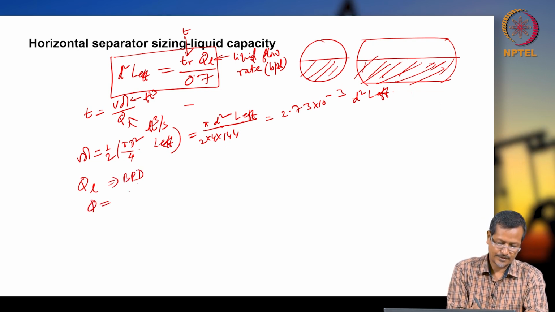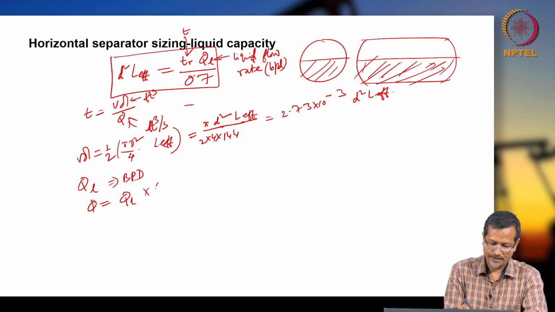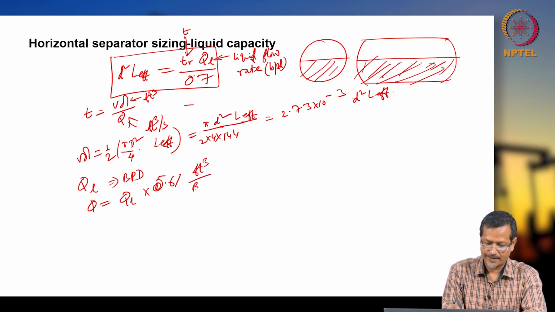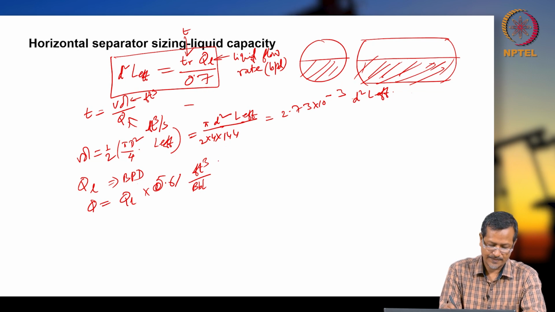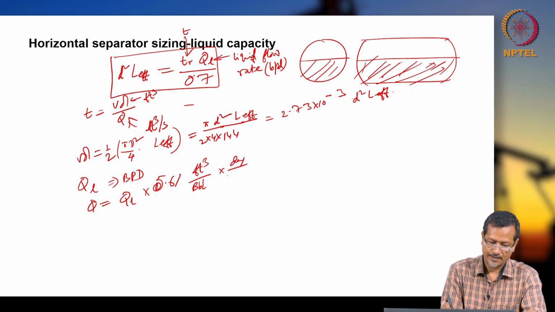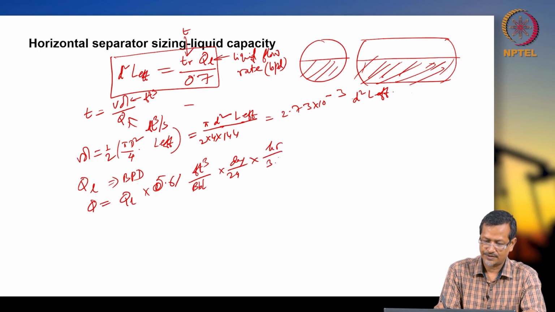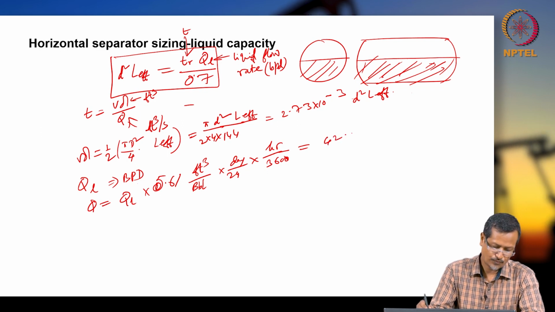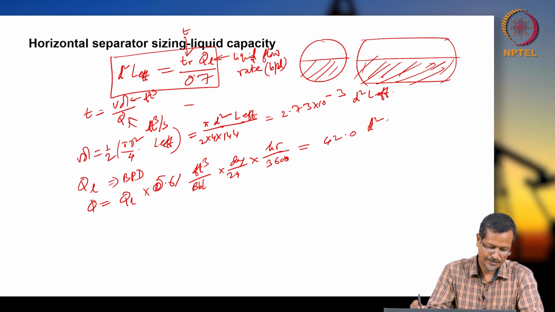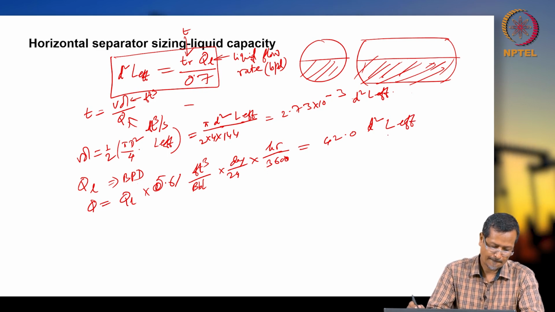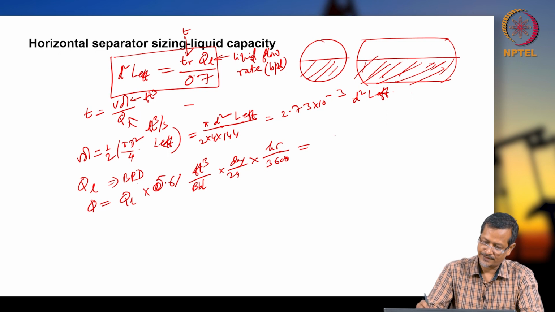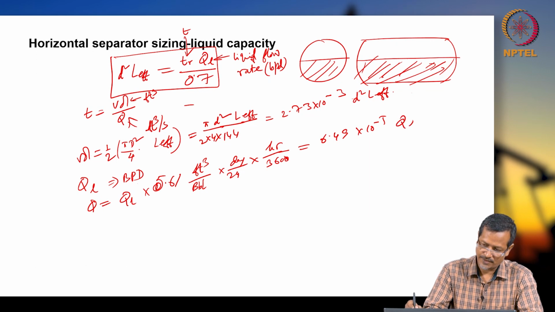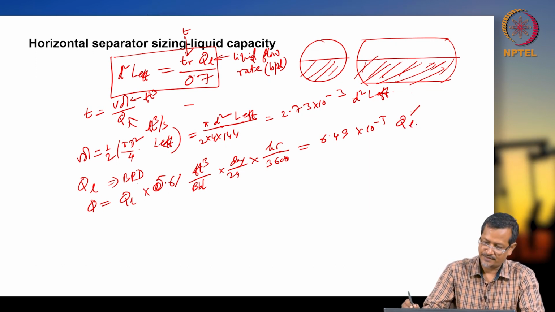So Q equals QL into 5.61 cubic feet per barrel, BBL or barrel, you can write in full, per day 24 into hour 3600 per second. So you are getting 6.49 into 10 power minus 5 QL. Okay, Q is in cubic feet.